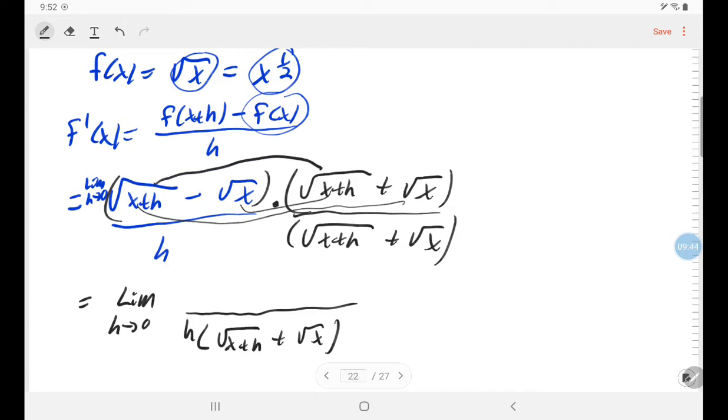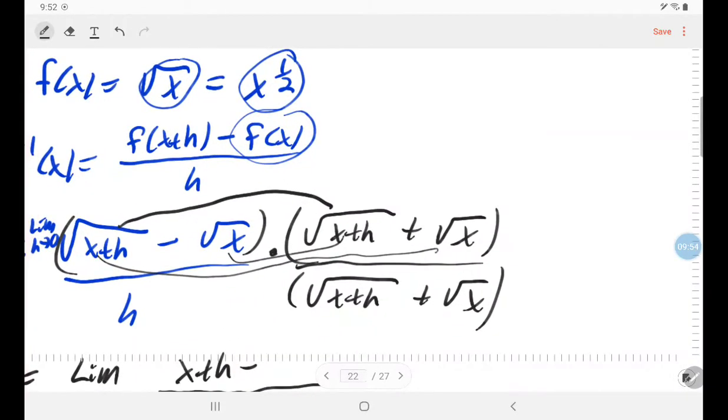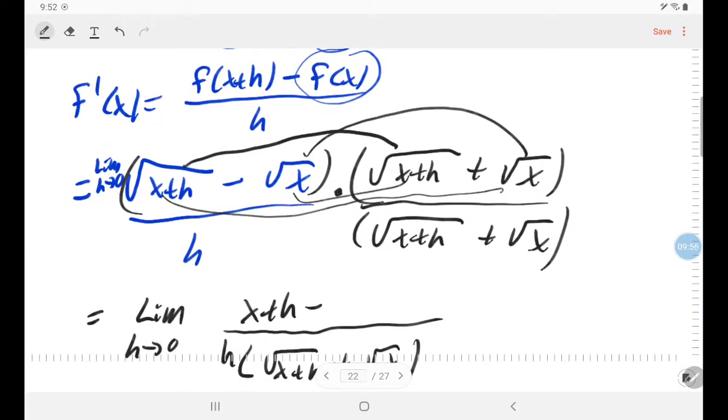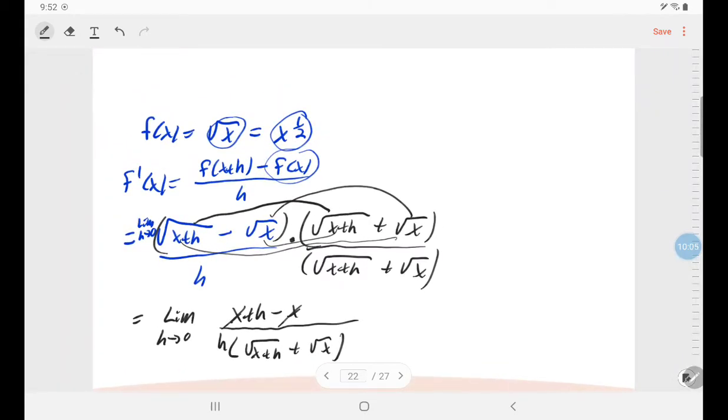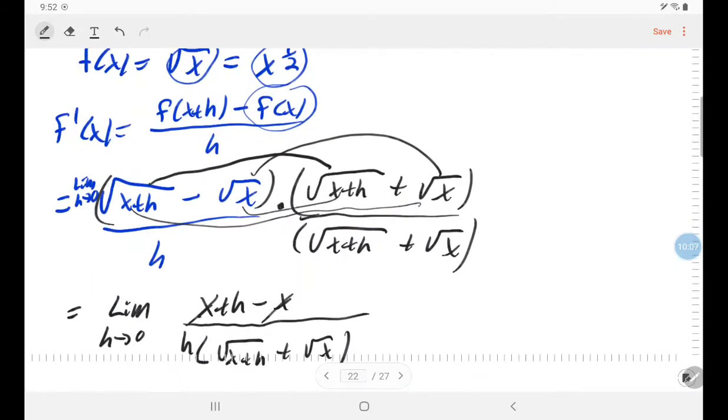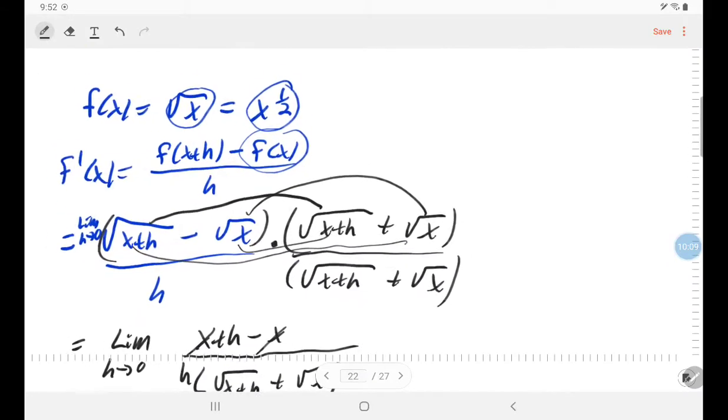So I just do the firsts: root x plus h times root x plus h is just x plus h, and root x times root x is minus x. So those will cancel quite nicely for me.